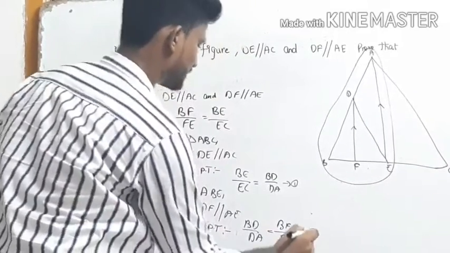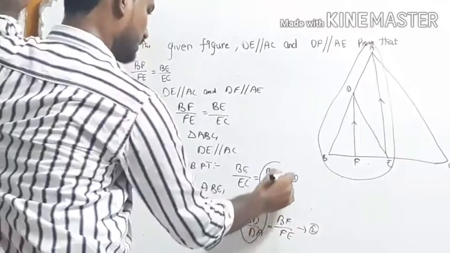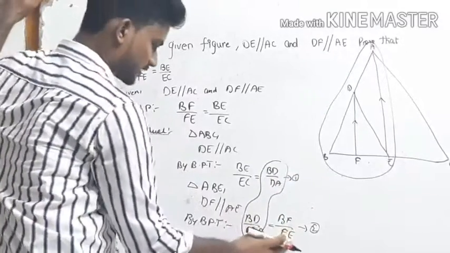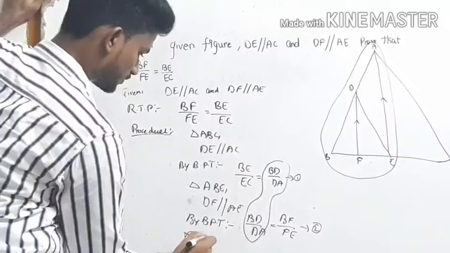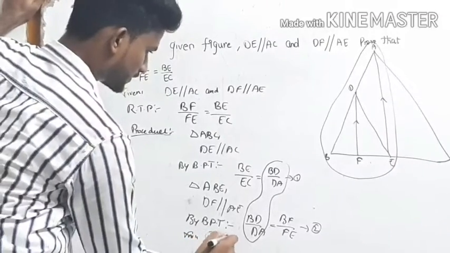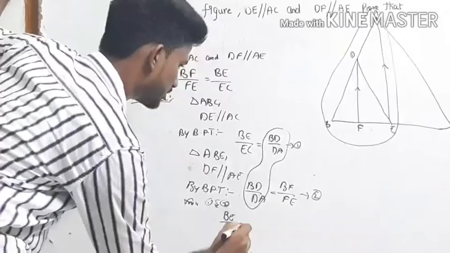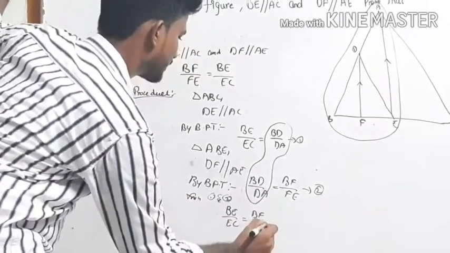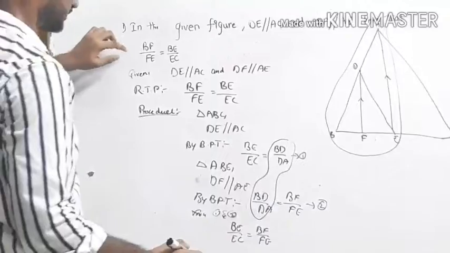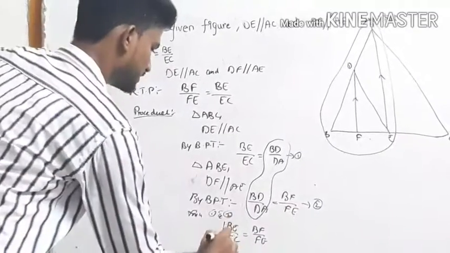This is the second equation. From this, BD by DA is equal in both equations. Then from 1 and 2, we can write BE by EC equals BF by FE. Hence BF by FE equals BE by EC.